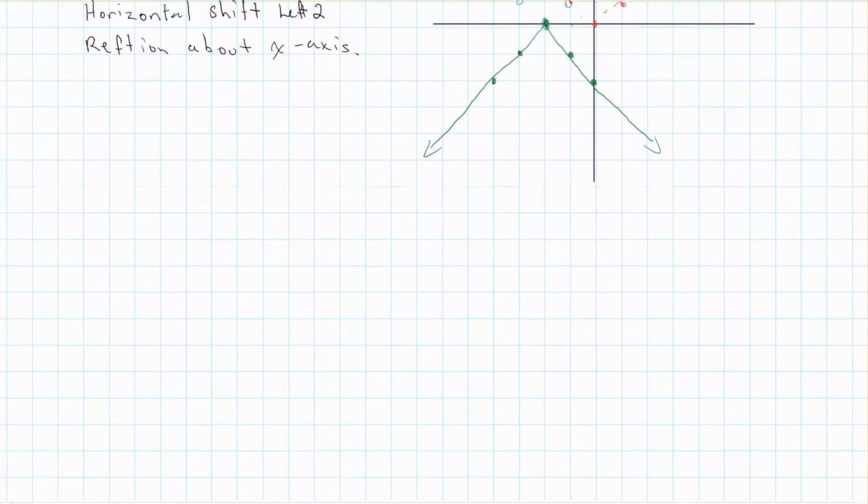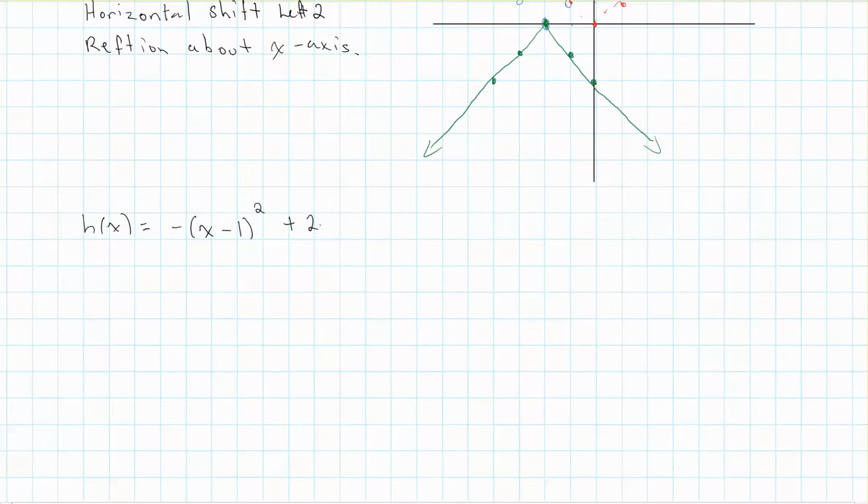Alright, so let's look at another absolute value here. And we'll do another reflection about the x-axis. Reflection about the y-axis you have to be very careful about when we have other transformations present. So let's look at h of x is equal to negative x minus 1 squared plus 2.